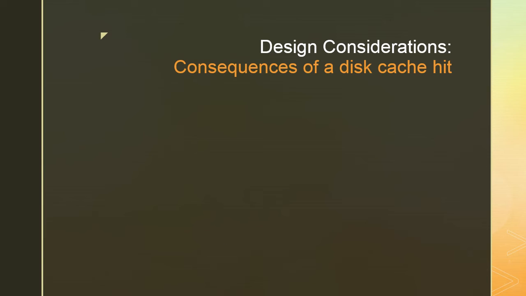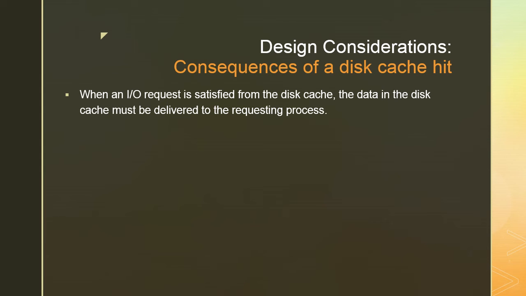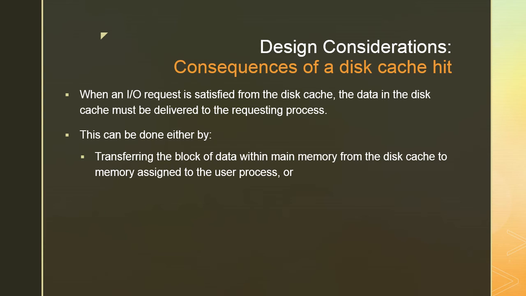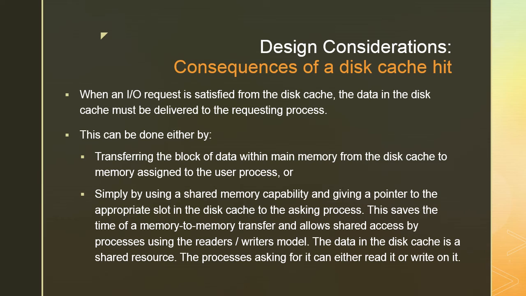Design considerations, consequences of a disk cache hit. When an I/O request is satisfied from the disk cache, the data in the disk cache must be delivered to the requesting process. This can be done either by transferring the block of data within main memory from the disk cache to memory assigned to the user process, or simply by using a shared memory capability and giving a pointer to the appropriate slot in the disk cache to the asking process.